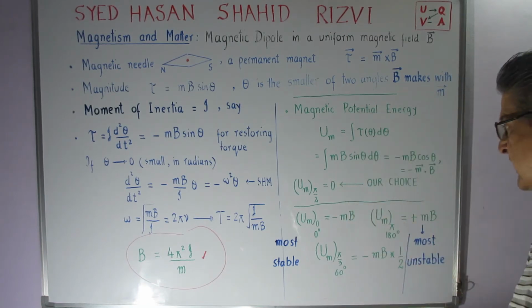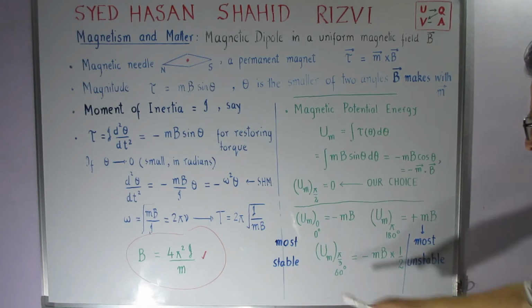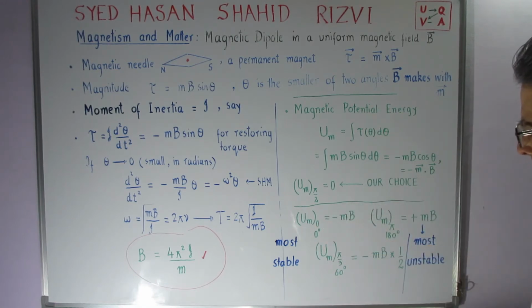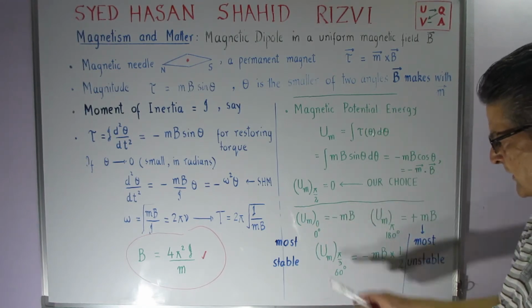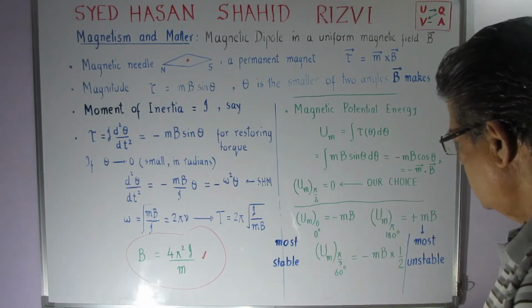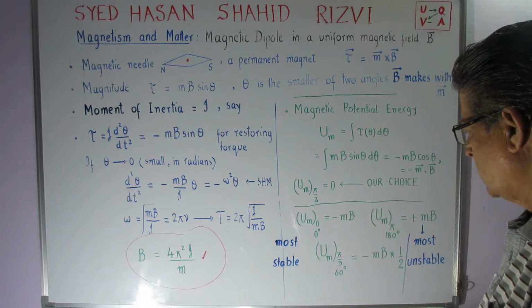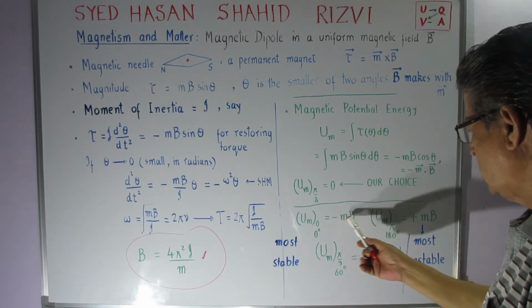In that case, if I have minus m dot b, let's calculate. At 0 radians or 0 degrees, it will be equal to minus mb cos of 0, and cos of 0 is equal to 1, so this is minus mb.